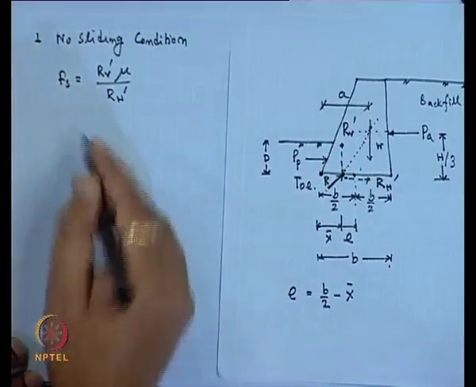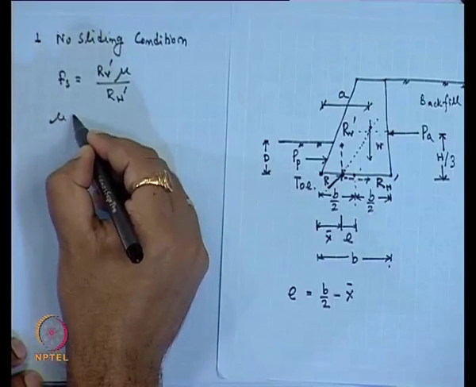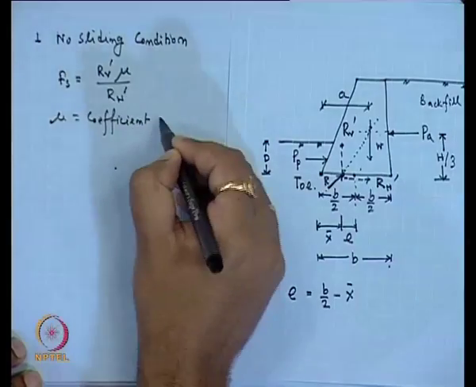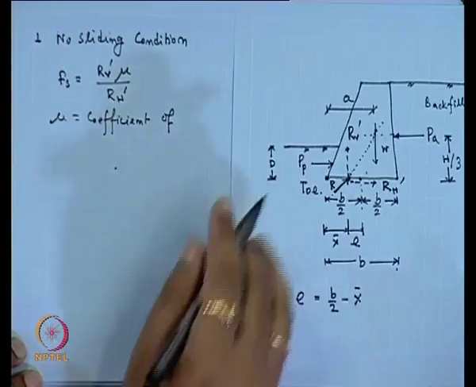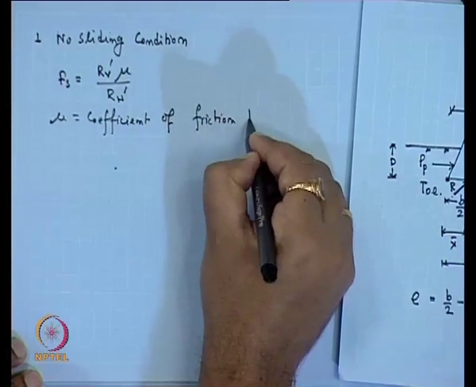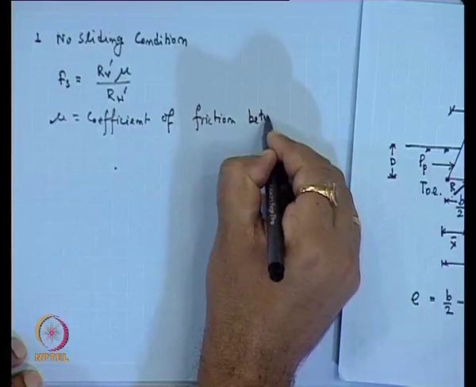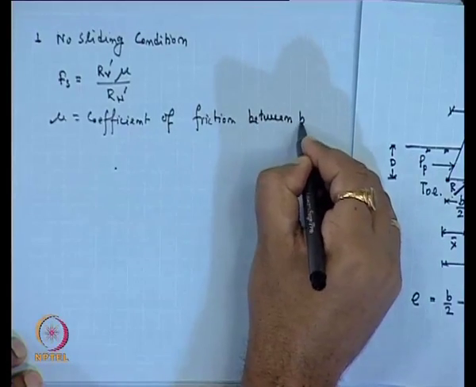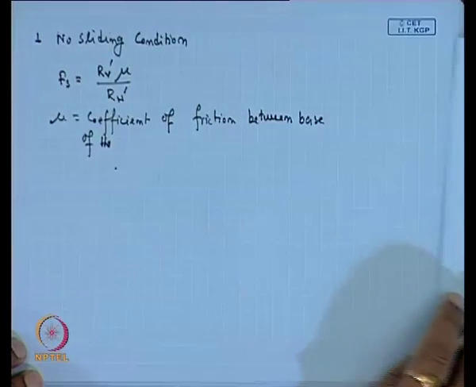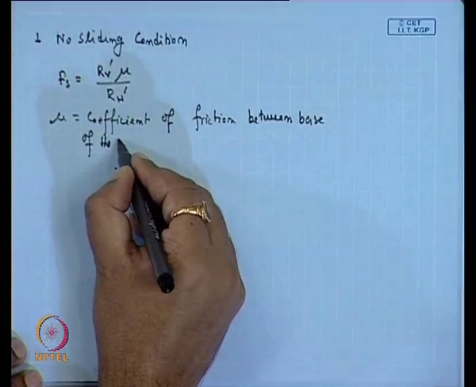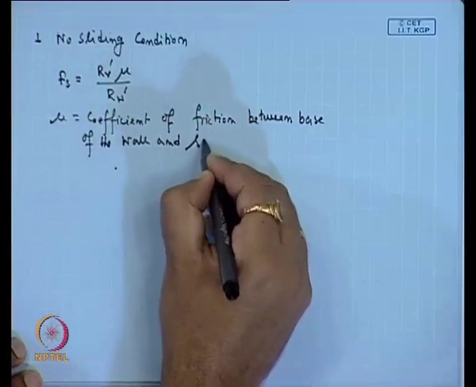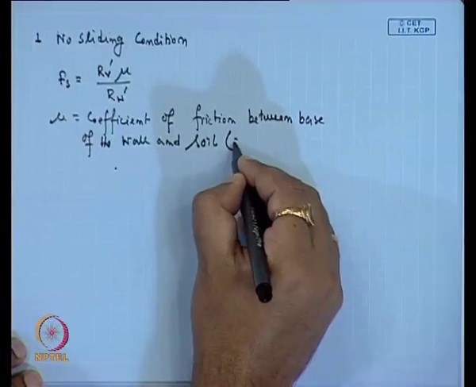Where mu is the coefficient of friction between the base of the wall and soil, or you can write that it is equal to tan delta.